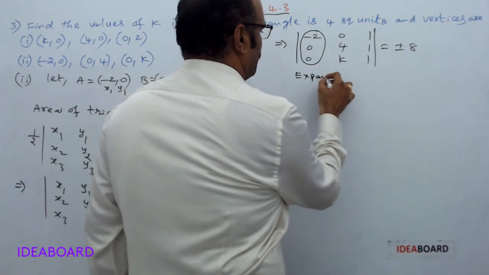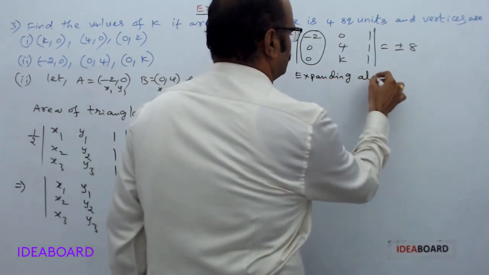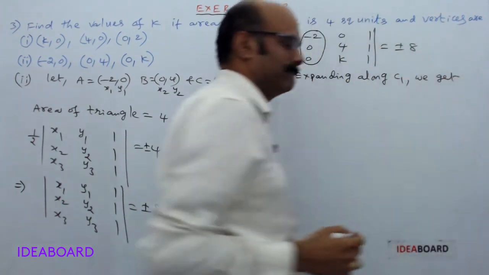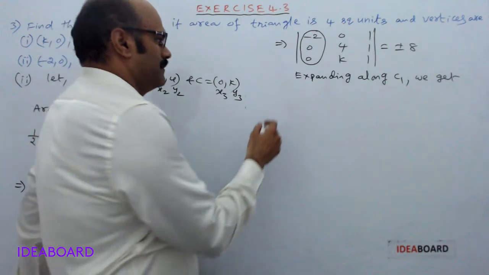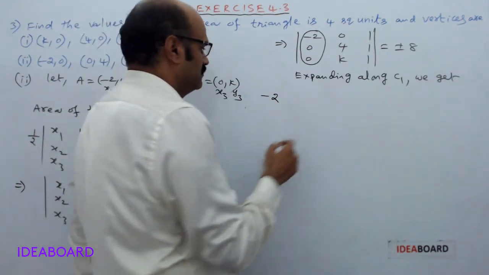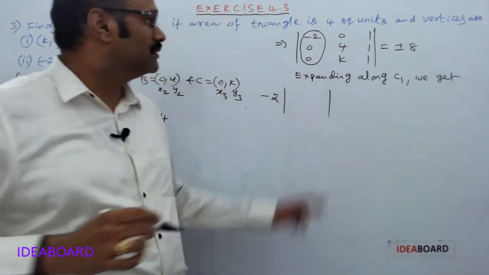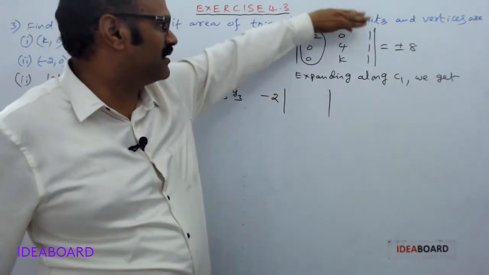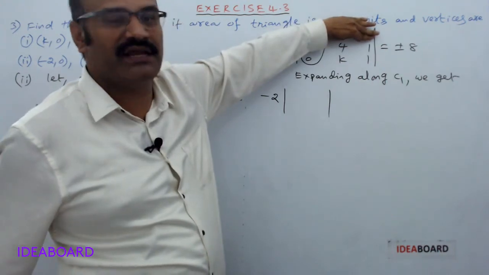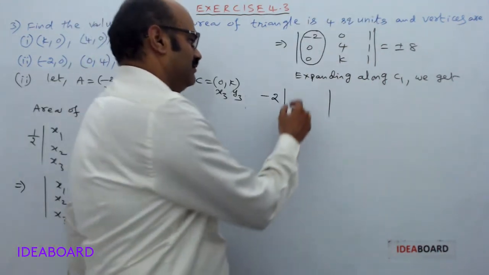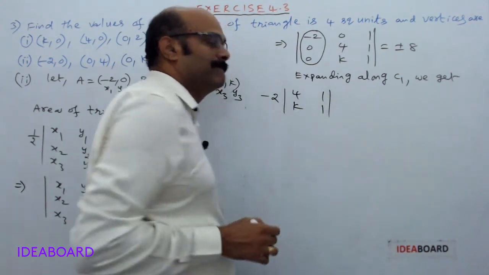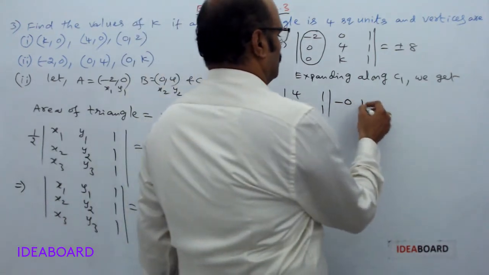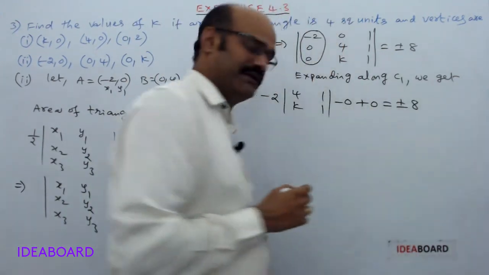Expanding along C1, we get minus 2 into the determinant of the remaining four elements after closing the first row and first column, 4 1, k 1, minus 0 plus 0, equal to plus or minus 8.